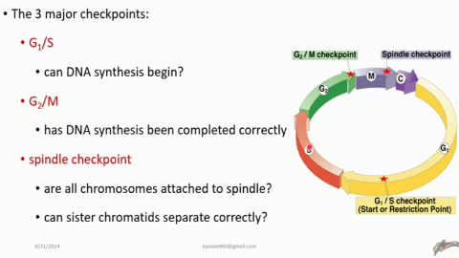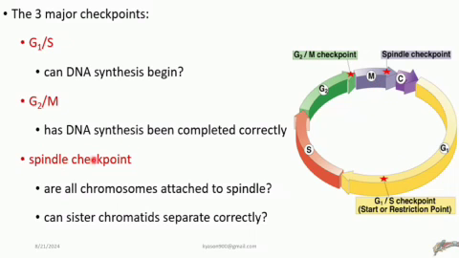So there are many chances of making errors during DNA duplication. Those errors can be screened here, and if there are such errors, they can be corrected before the cell goes into the mitosis phase.